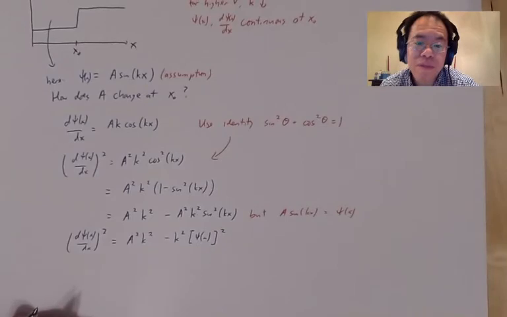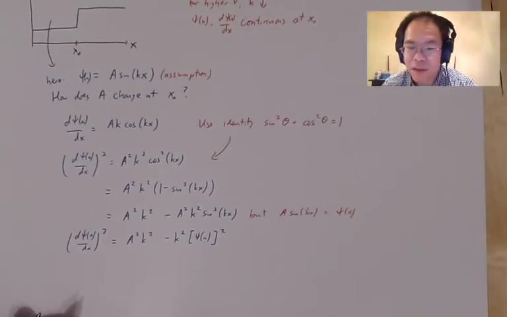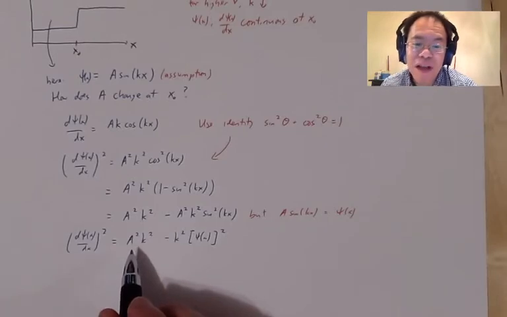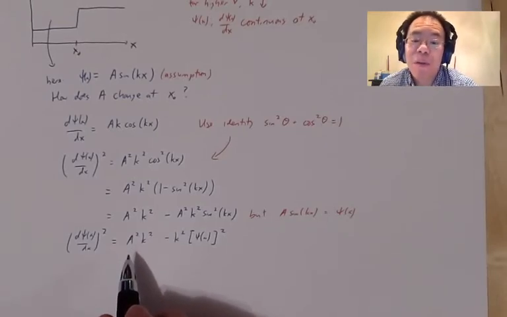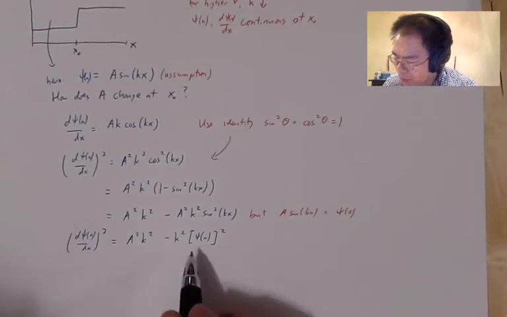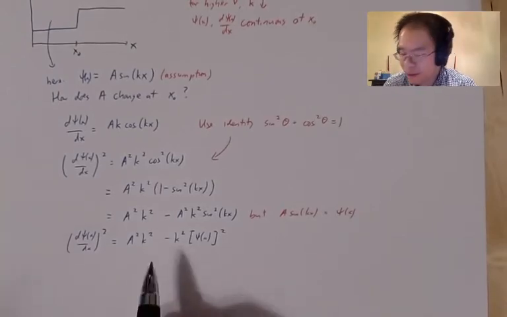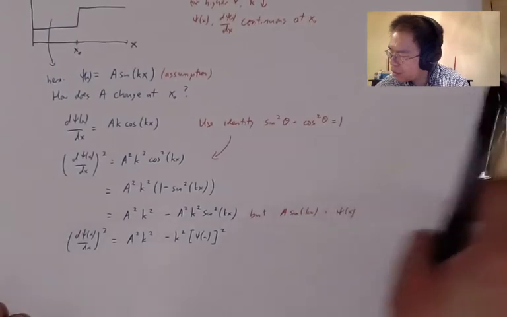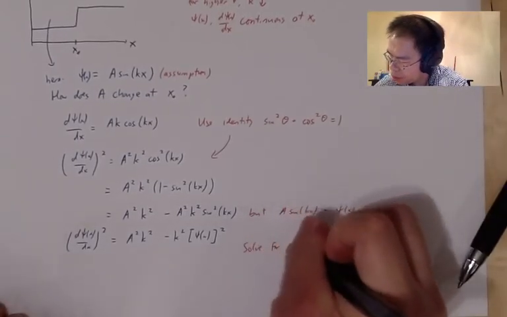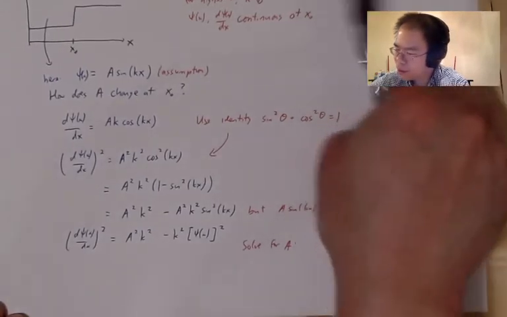Now here's where we get to invoke continuity, and also recognize that we now just have A appearing in one spot, and depending apparently on the derivative, on the wave function, and on k. And so if we solve for A, we get the following.